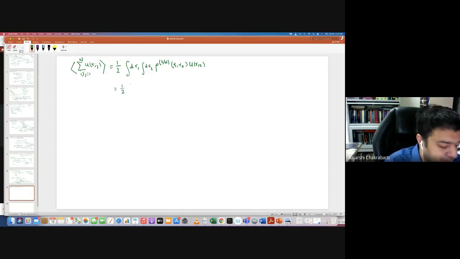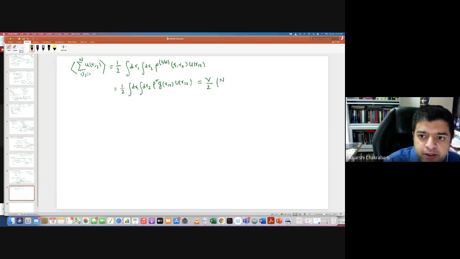I do this. Now this is going to be, you had this in one integral, I can do actually V by 2, and then I'll have N by V, which is rho square of that, and I put dr12 g(r12) U(r12).